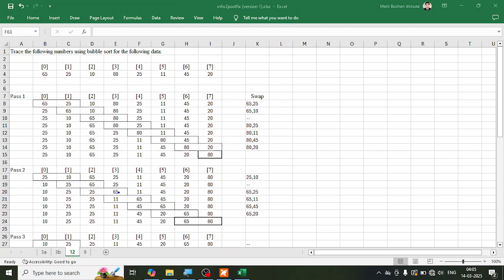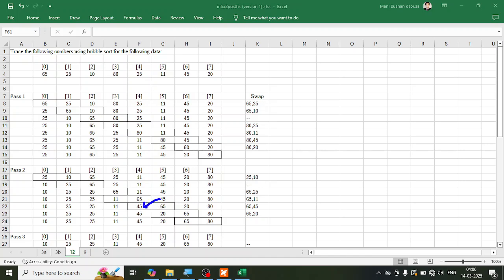Okay, so let's go to the next step. In the next step, you compare 65 with 11. You notice that 65 is greater than 11. So you interchange the position, you swap 65 and 11, done. Let's go to the next step. You compare 65 with 45, and you notice that 65 is greater.